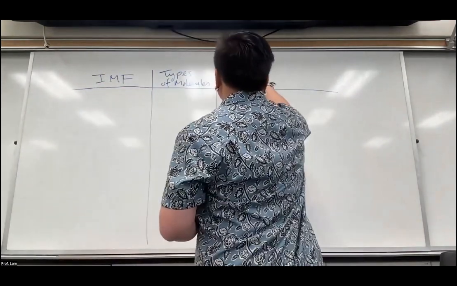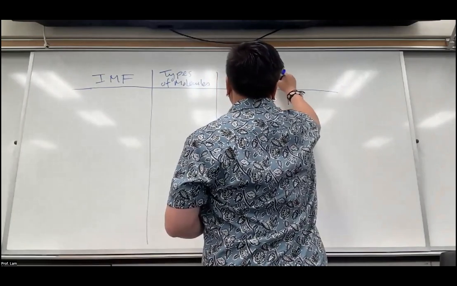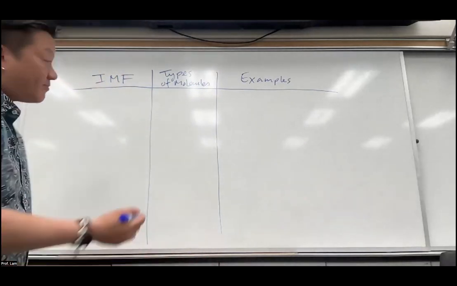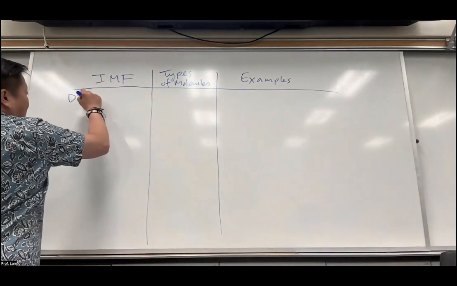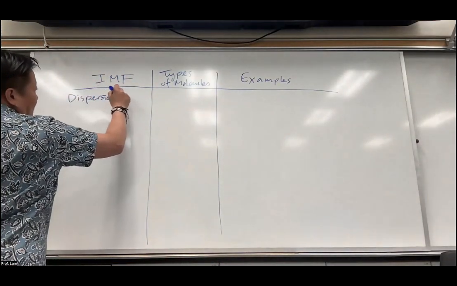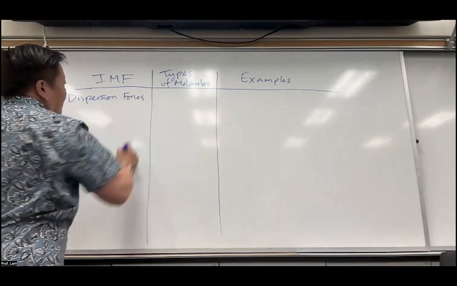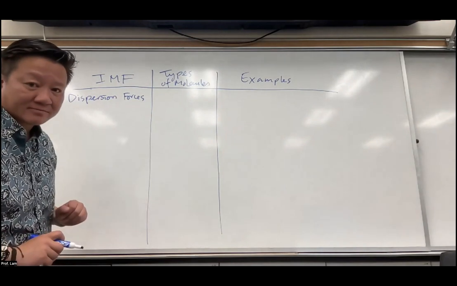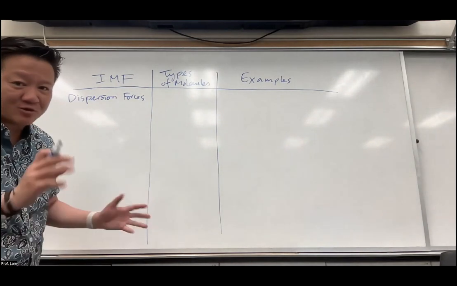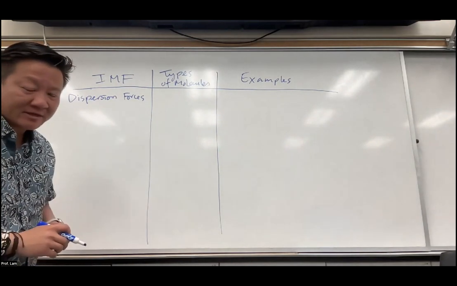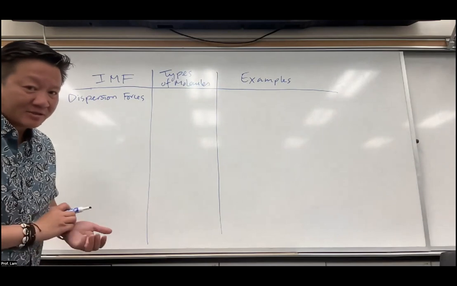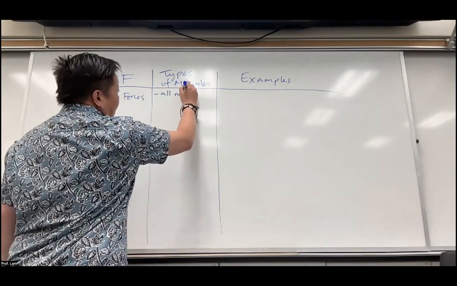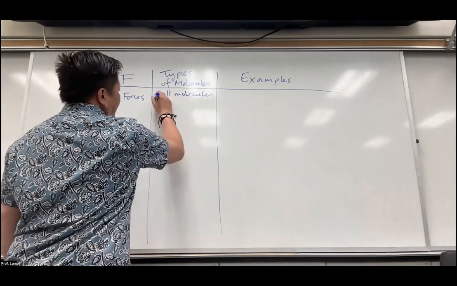And third column, examples. So we just did dispersion, right? And what types of molecules have dispersion? Everybody, right? Everybody has electrons flying around in the molecule that can have an induced dipole. So all molecules.